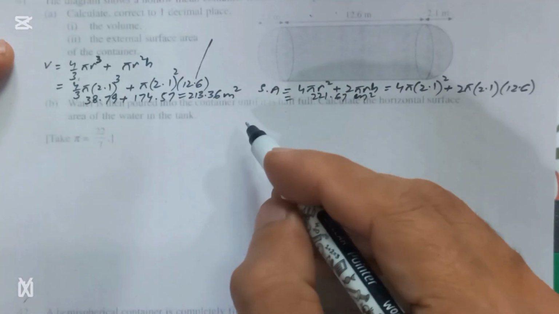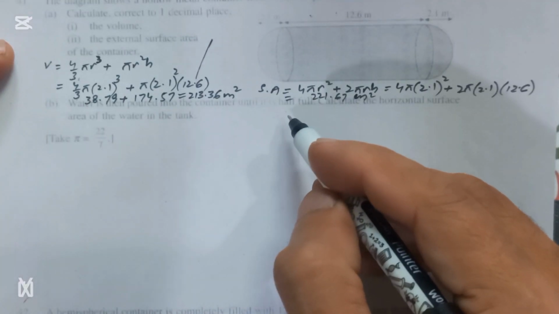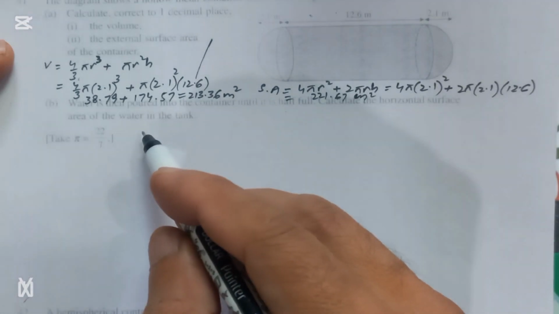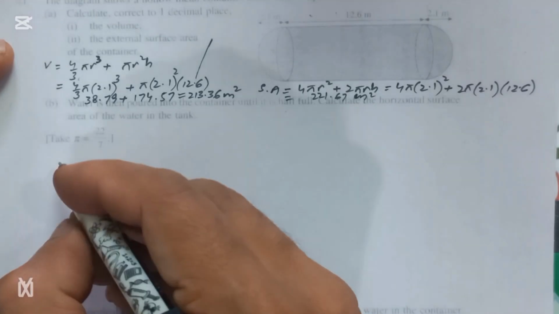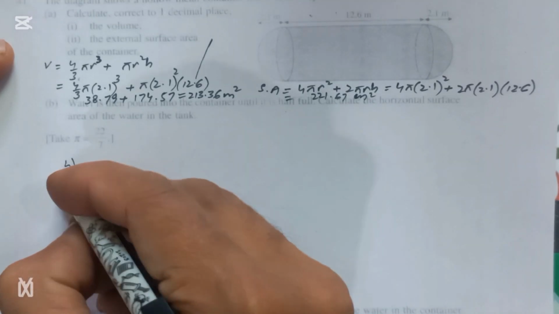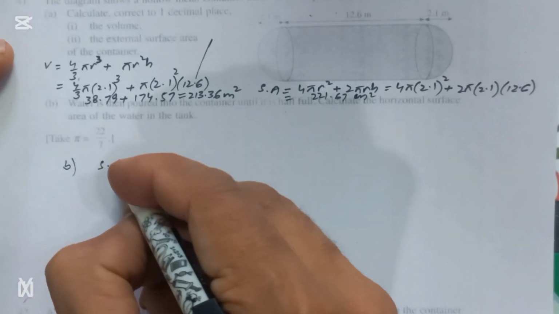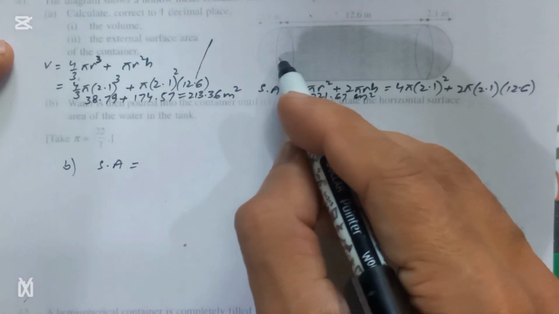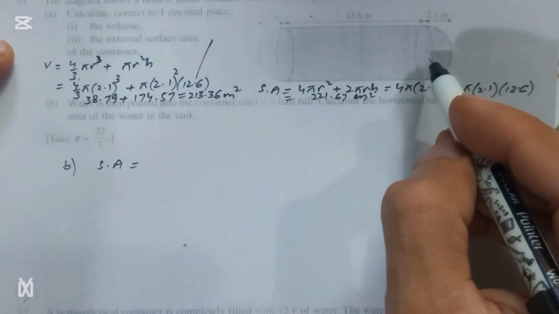Okay, now B part is water is then poured into the container until it is half full. Calculate the horizontal surface area of the water in the tank. So surface area is the requirement. That will be equal to a full circle, because this is half circle and on the right side there is also a half circle.